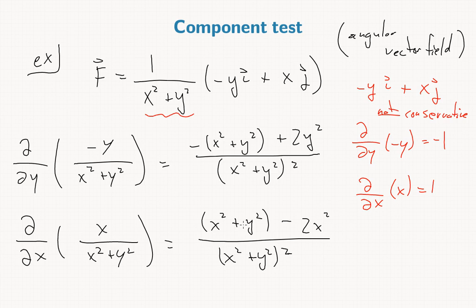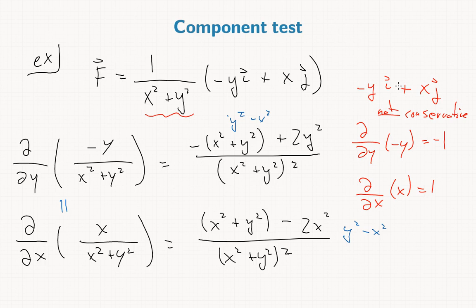And so the top here is y squared minus x squared. And also here we get y squared minus x squared, all over x squared plus y squared, squared. So this does satisfy the component test. However, I claim that this is not conservative.